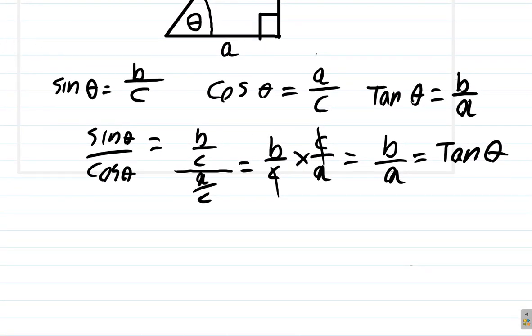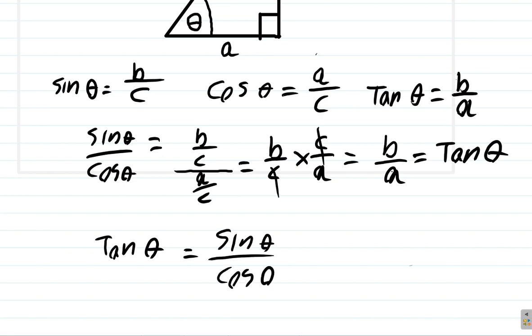Alright? So what we have is the tangent of theta is equal to sine theta over cosine theta. Alright? So tan theta is sine theta over cos theta.